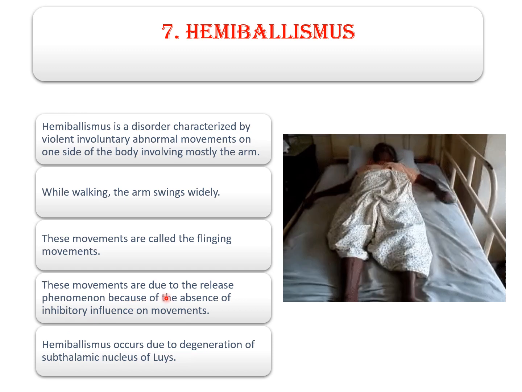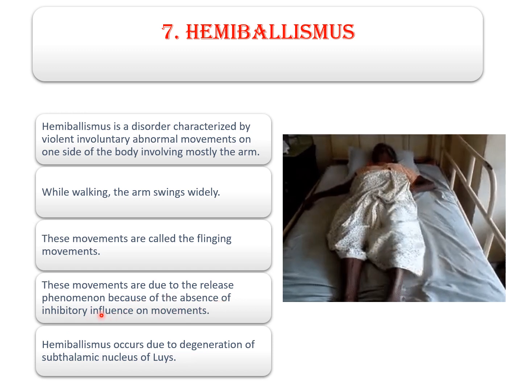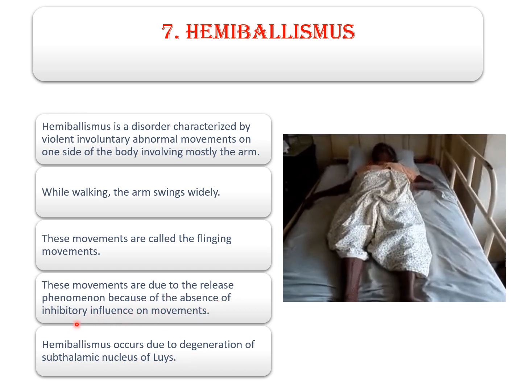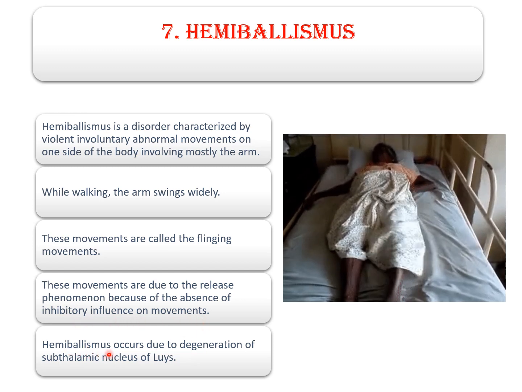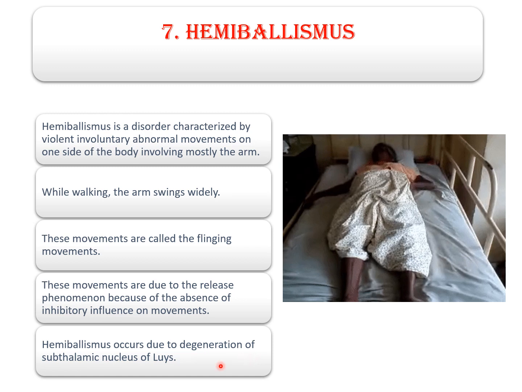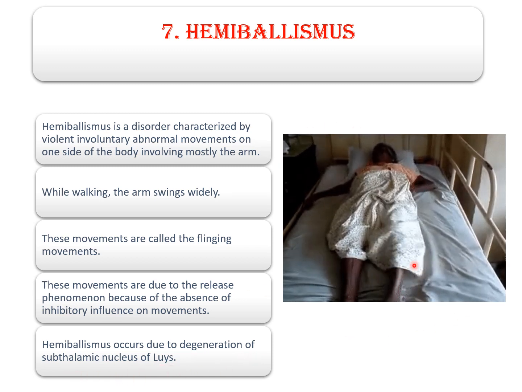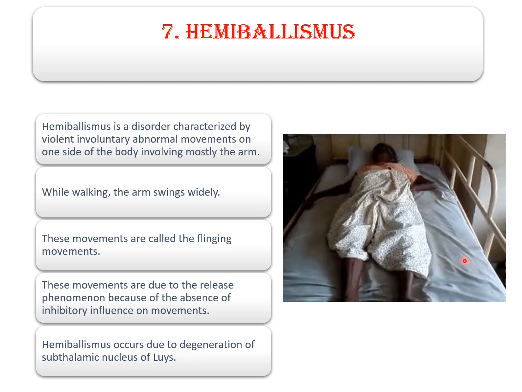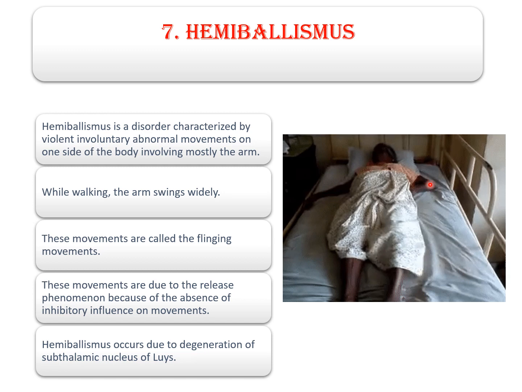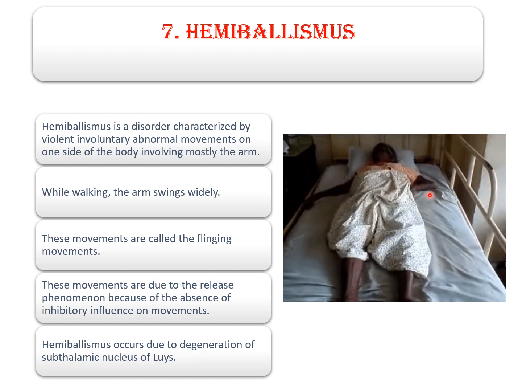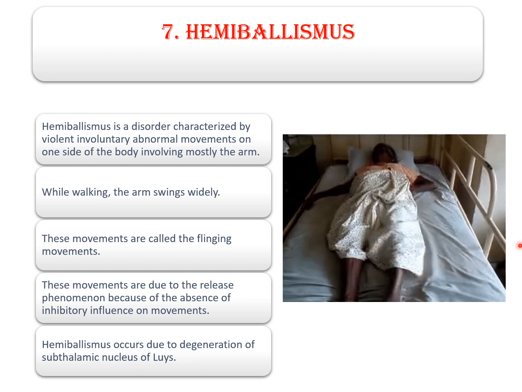They are due to release phenomena because of the absence of the inhibitory influence on the movements. Hemiballismus occurs due to degeneration of the subthalamic nucleus of Luys. In this animation you can clearly see the violent, involuntary, abnormal movements of one side of the body, mostly involving the arm.